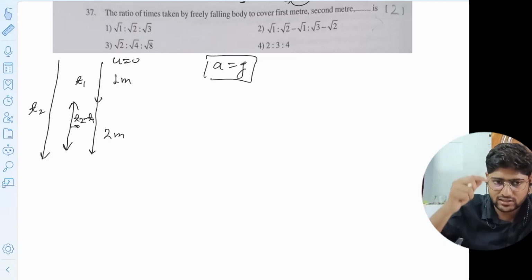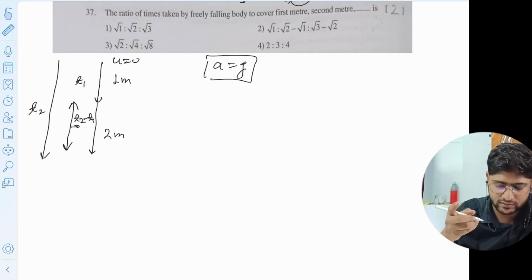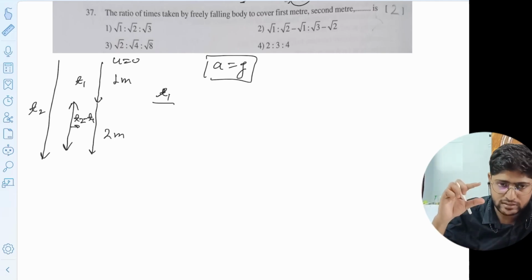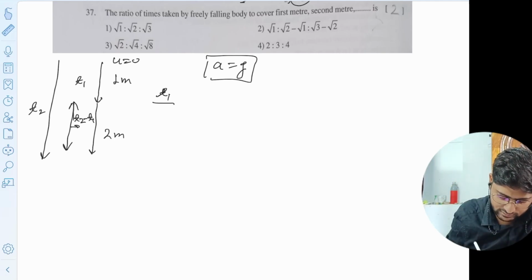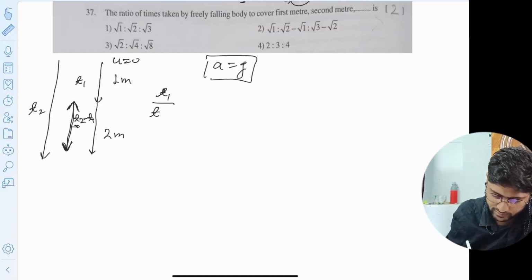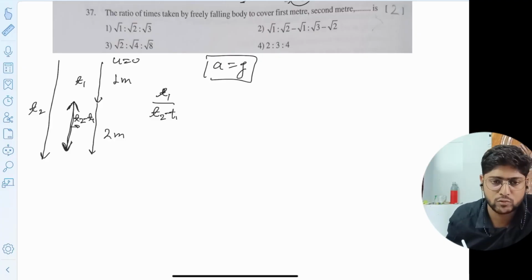If from the start 2 meters is covered in T2, and the first meter in T1, we have to find the ratio T1 divided by T2 minus T1.